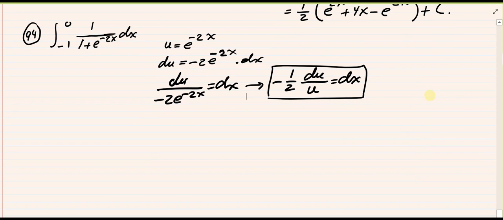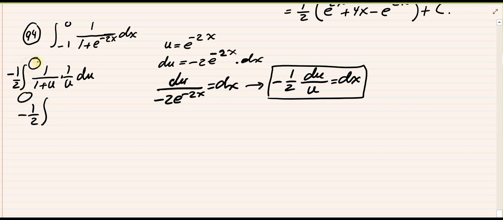But here's what I want to show you. This integral is now in the form of 1 over 1 plus u, right? That's our u substitution. And then instead of dx, I'm going to write negative 1/2 times 1 over u du. Okay, so if you look at what happened here, I'm using it as an indefinite integral.